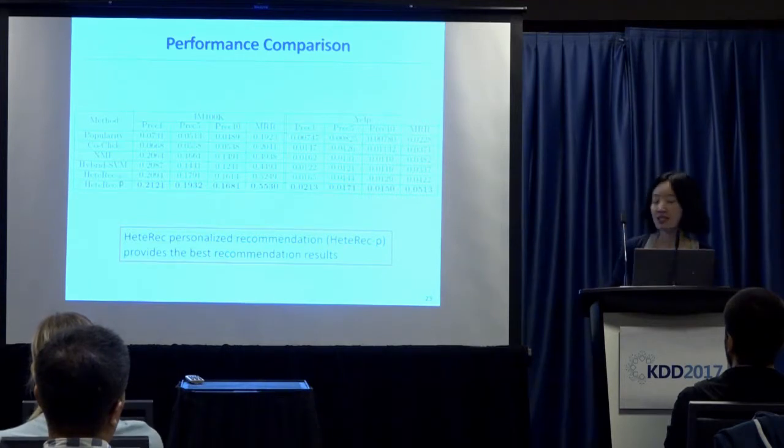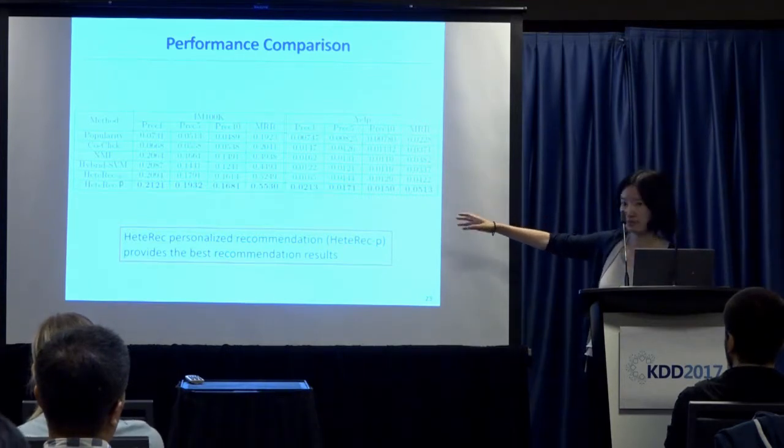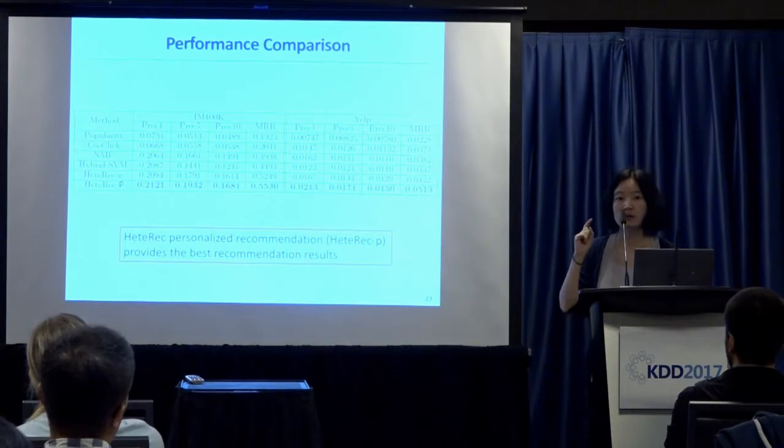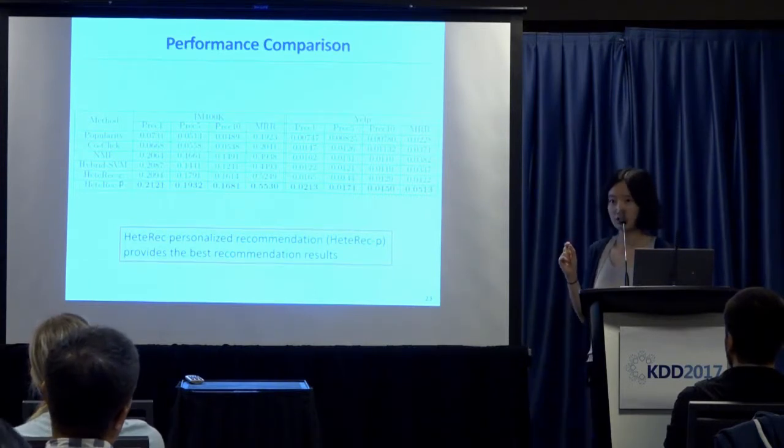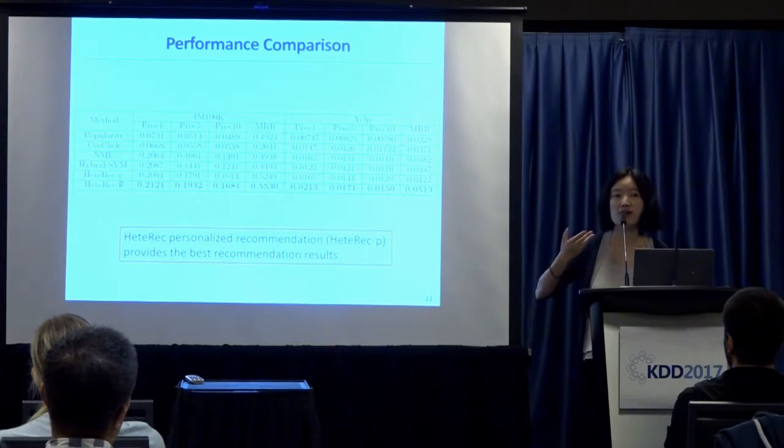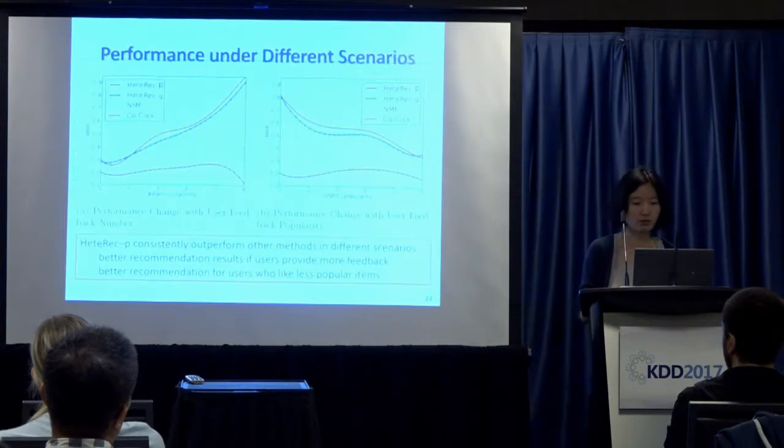It turns out that our methods are much better, okay, and also personalized recommendation is much better than the global model for recommendation. So in other words, you really need to provide a finer level recommendation model for smaller groups of users. Okay, so that's a very important lesson.